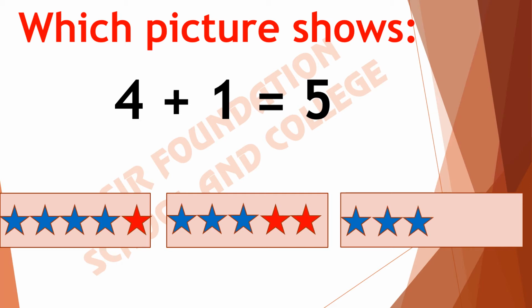In the third picture there are also 3 stars that are blue, and there are 3 red stars. That makes 6. Now students, can you tell me which picture shows 4 plus 1 equals to 5?